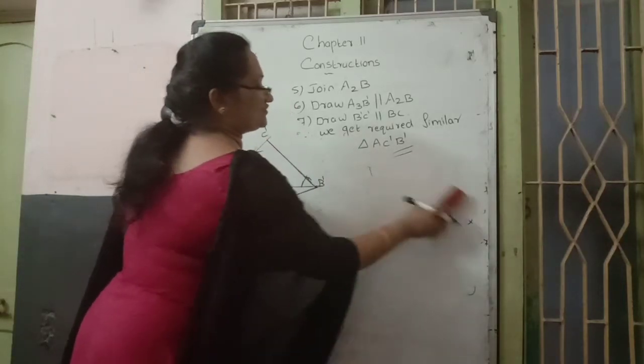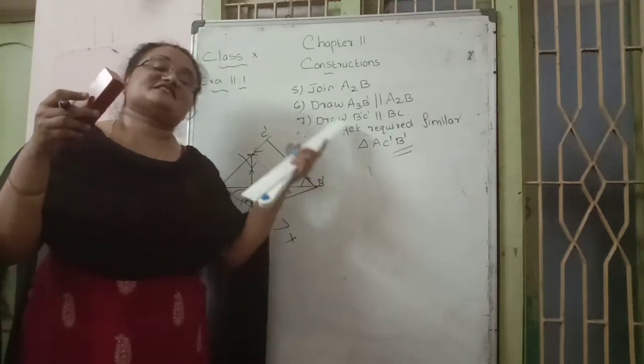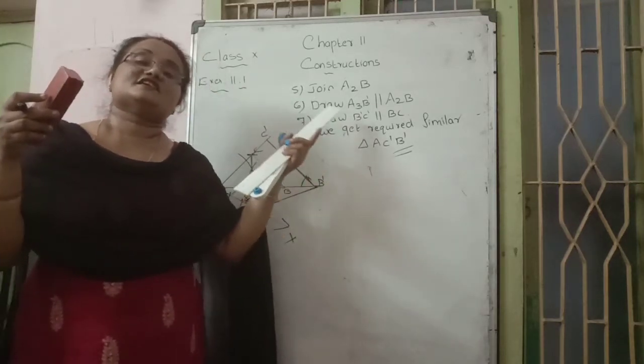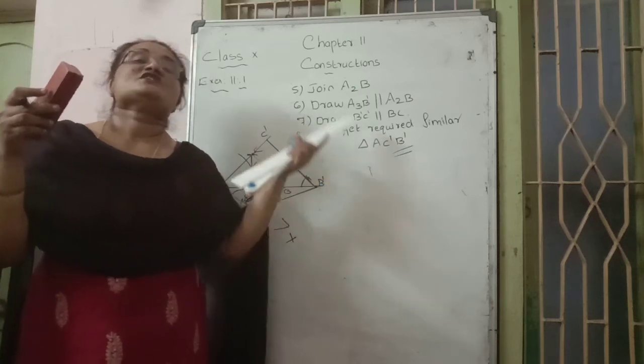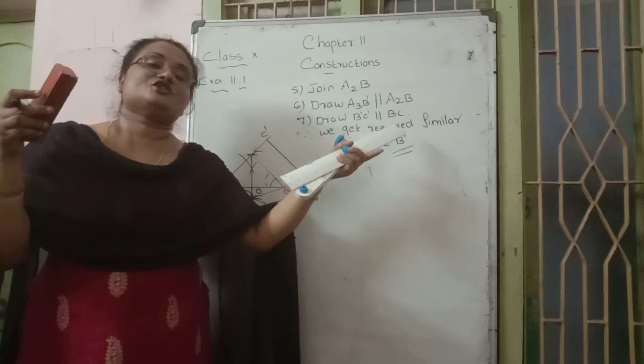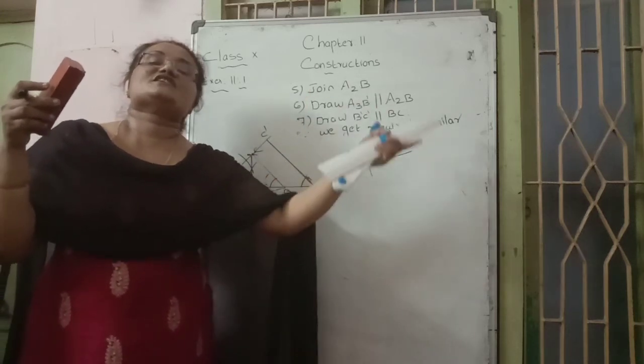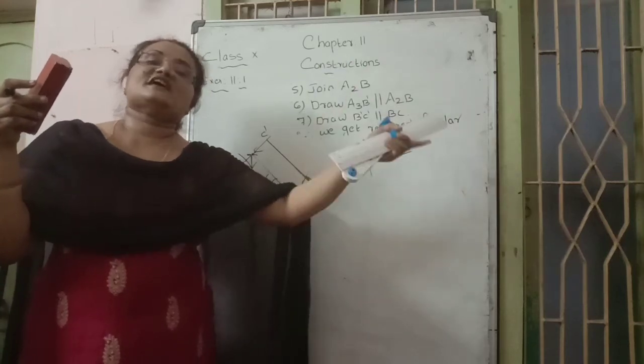Then next, justification. We want to prove the side of the similar triangle is equal to 3 by 2, or 1.5, times the corresponding side of the original triangle.